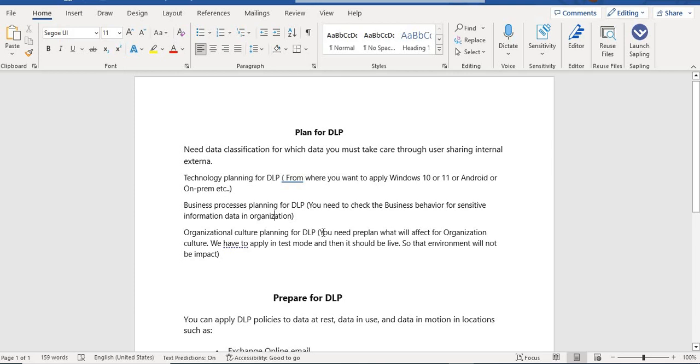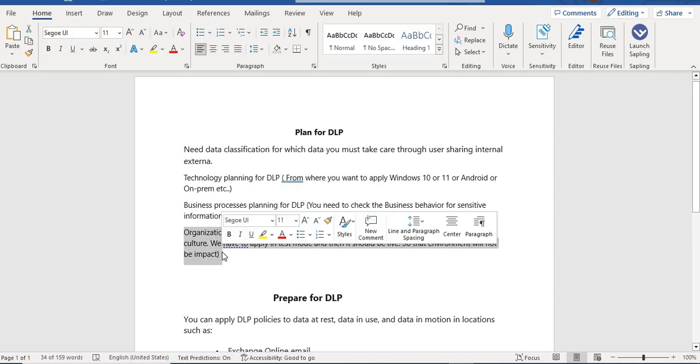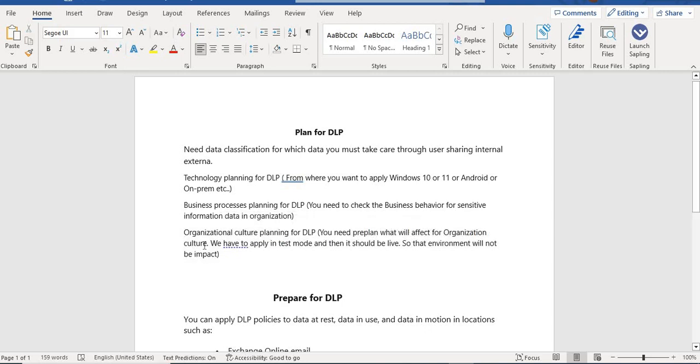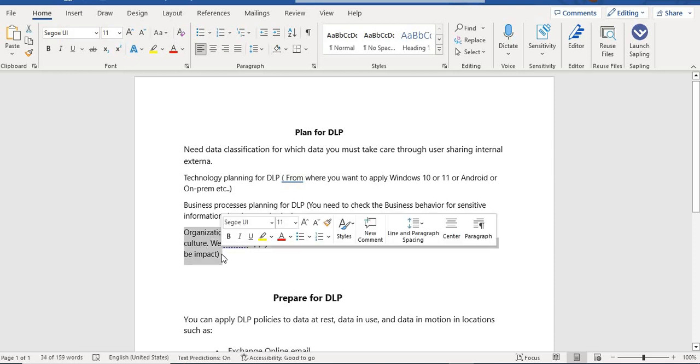In this third phase, you have to apply the policy in a test phase, not in an actual phase. If you apply this in a test phase, then it will tell you the impact of this policy in your organization.